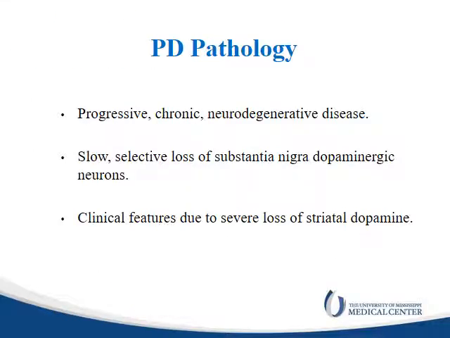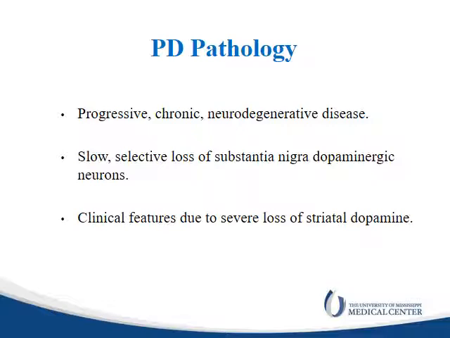Parkinson's disease is a progressive chronic neurodegenerative disorder. It causes a slow, selective loss of dopaminergic neurons in the substantia nigra, which is located in the midbrain. The clinical features of Parkinson's disease are correlated to the level of loss of striatal dopamine.